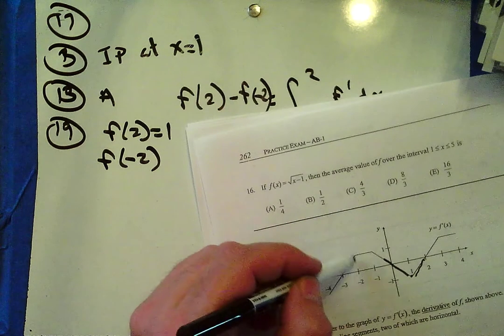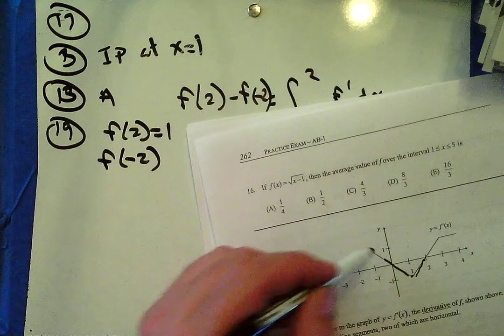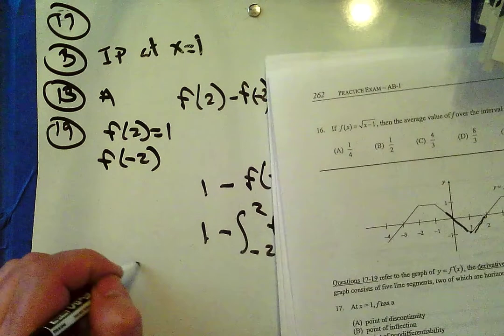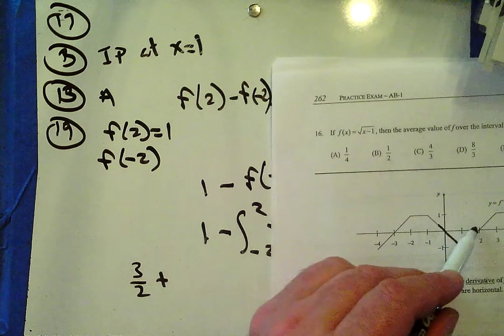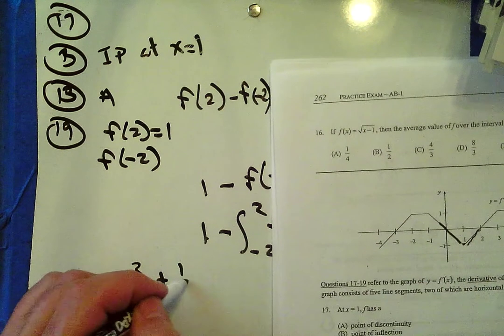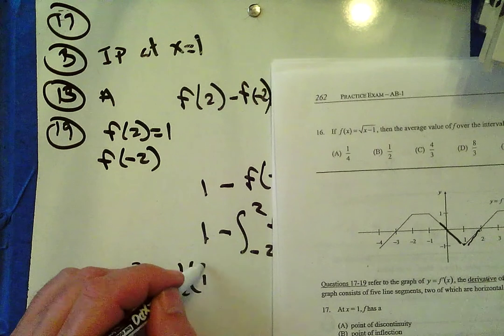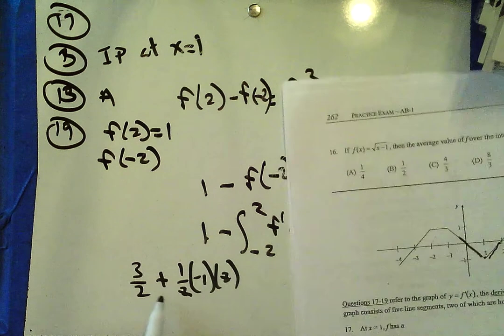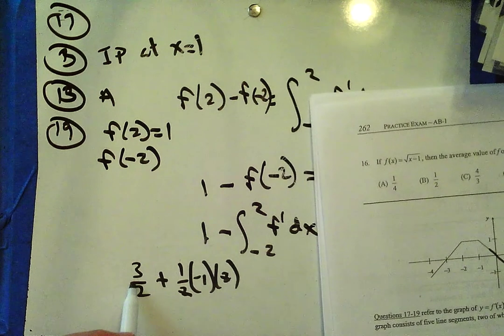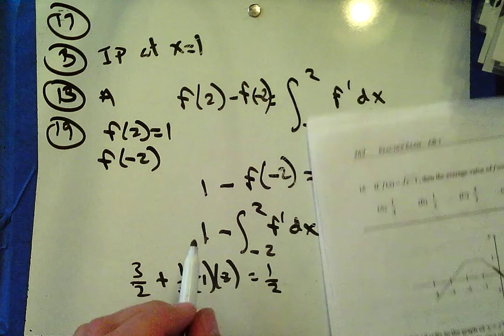This area is 1. This area is 1/2. So I have 3/2. And then down here, I've got 1/2 times 1, -1 times 2. So these cancel, leaving me -1, plus 1/2 is 1/2.